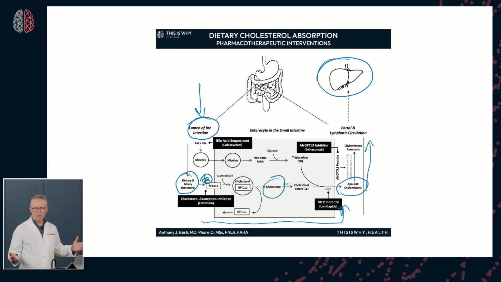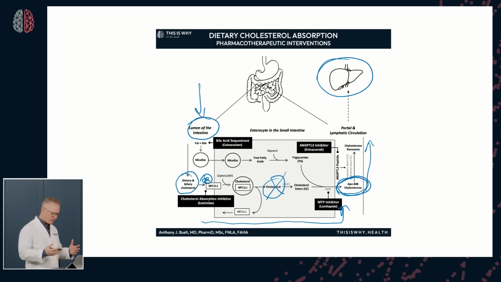Now, Niemann-Pick C1-like peptide, like I said before, is just hard to say. So the cholesterol absorption inhibitor is going to reduce the amount of cholesterol making it into this location. Obviously, it will then stay in the lumen of the GI tract. But that also then reduces the amount of cholesterol going back to the liver. And when that happens, it can obviously have other effects.